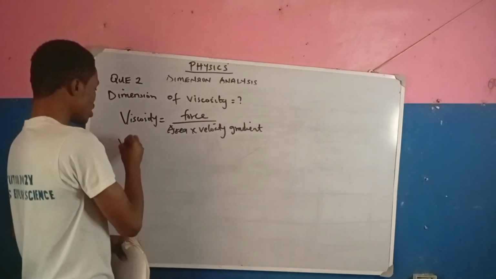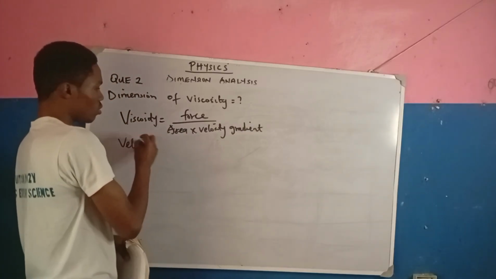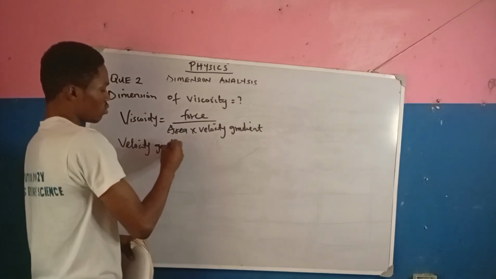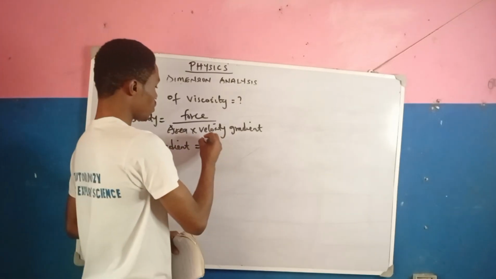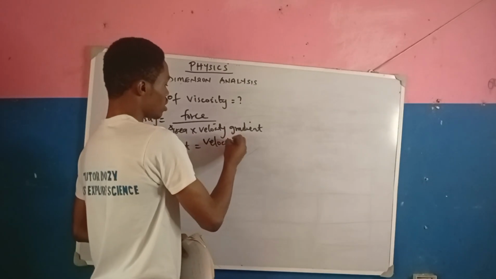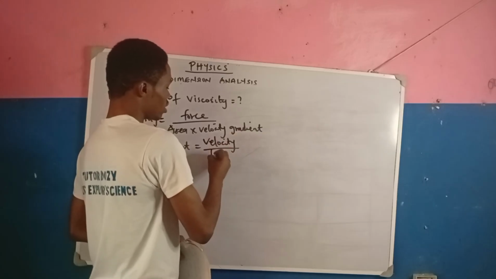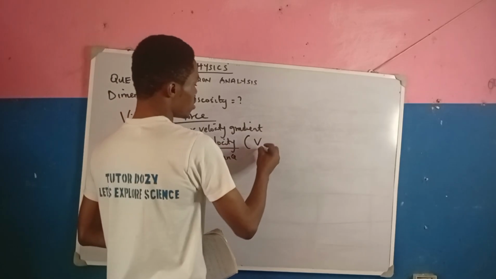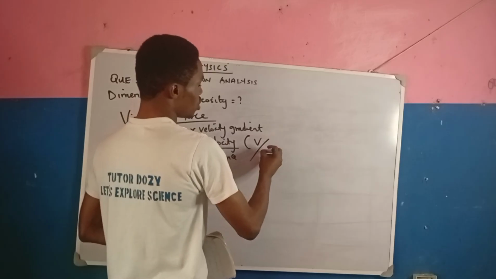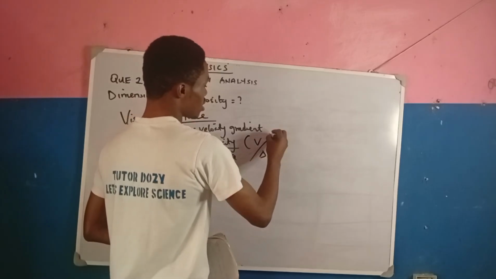Now this velocity gradient is equal to velocity over change in distance.